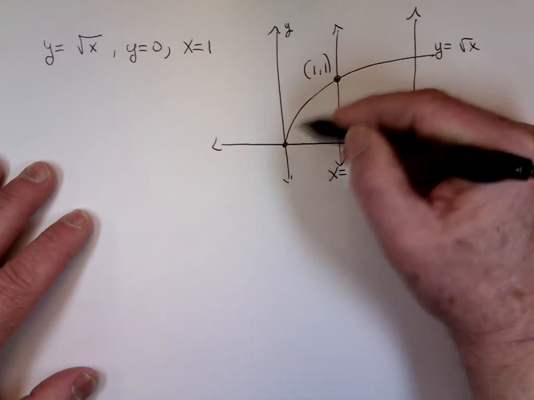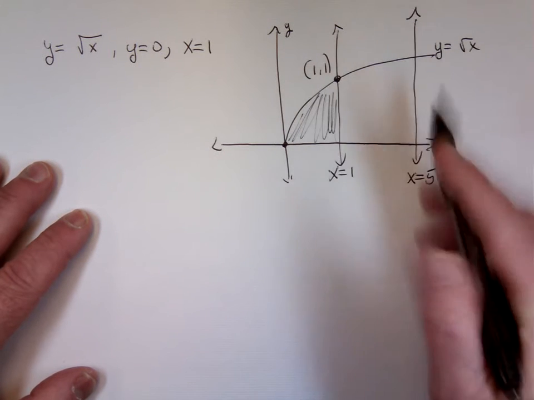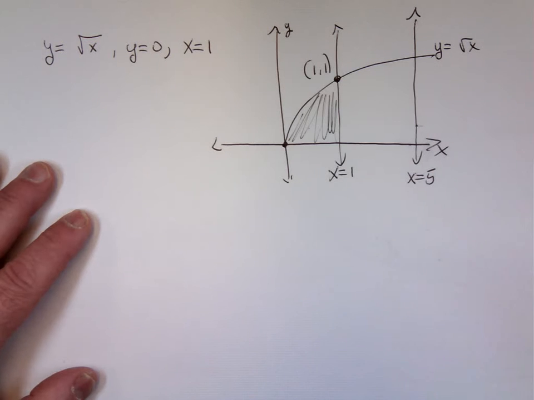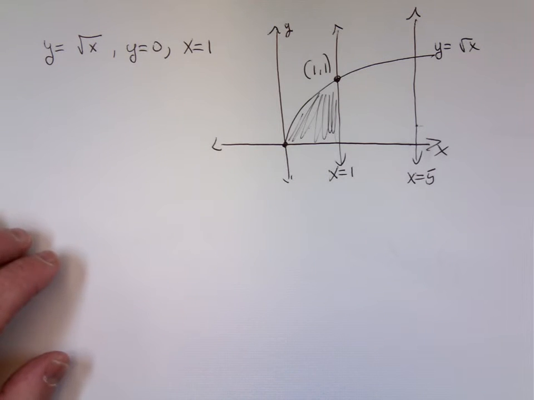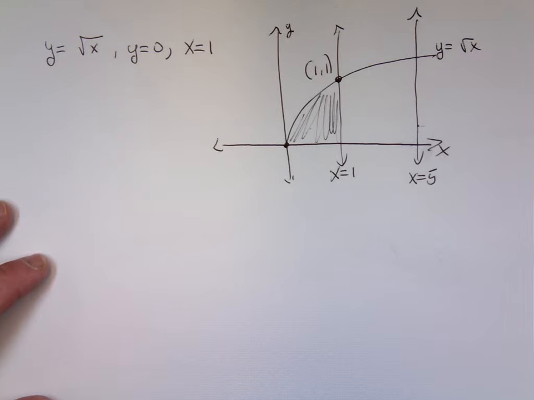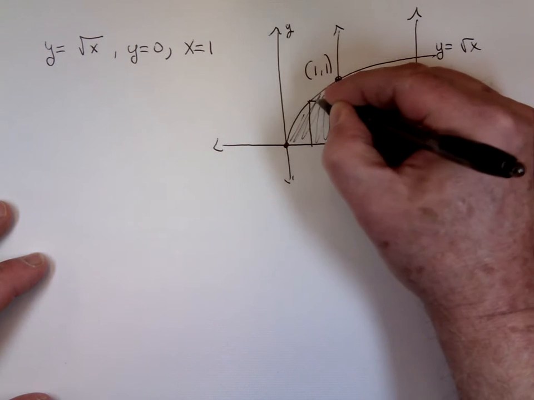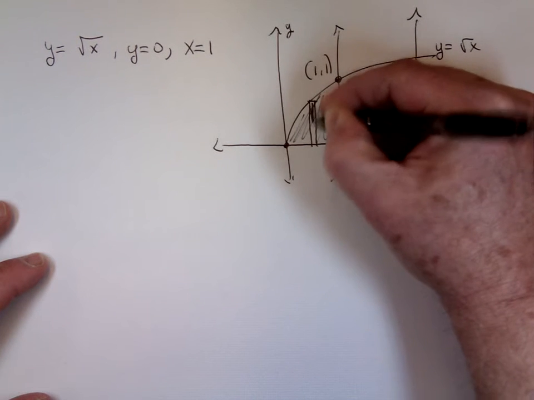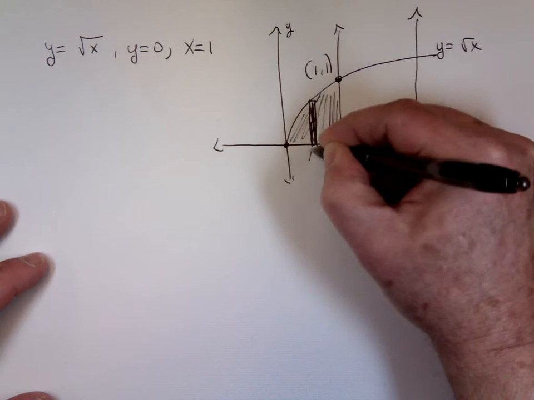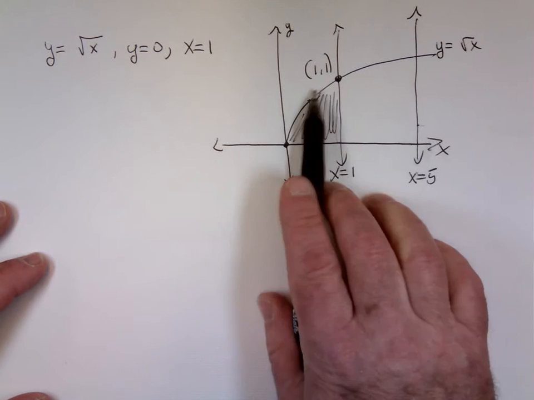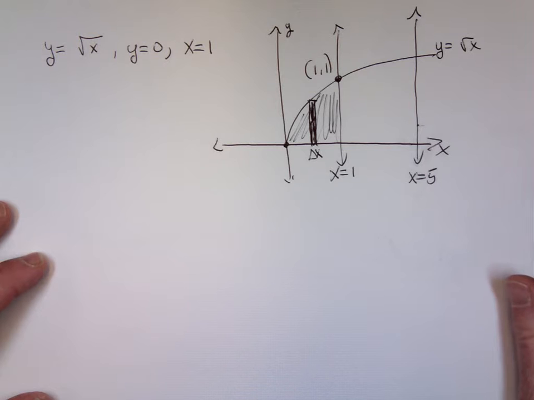So we're taking this area about this line as it gets whipped around that line. And what they want you to use are shells. So to use shells, what we're going to do is take a rectangle this way. As we whip this around that line x equal 5, we'll get a shell.